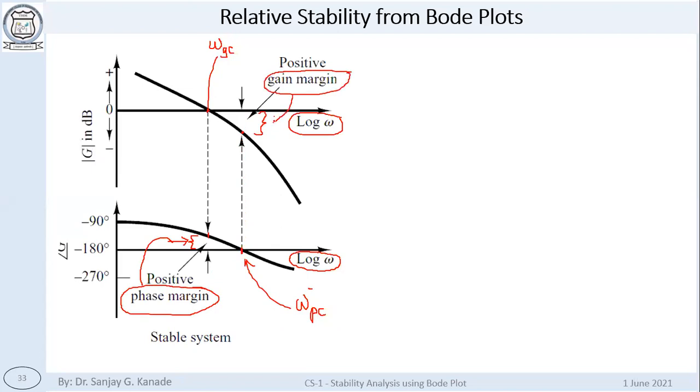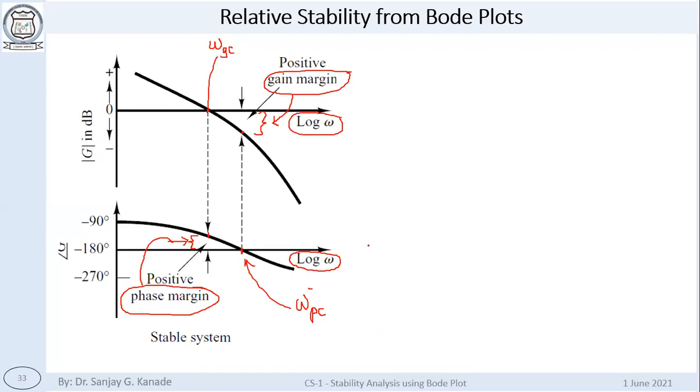This particular value is called gain margin. Got the idea? That's why it is absolutely necessary that the scales of both the plots, the magnitude plot and phase plot, are the same, right? You must have the same x-axis scales when you are plotting the Bode plot.